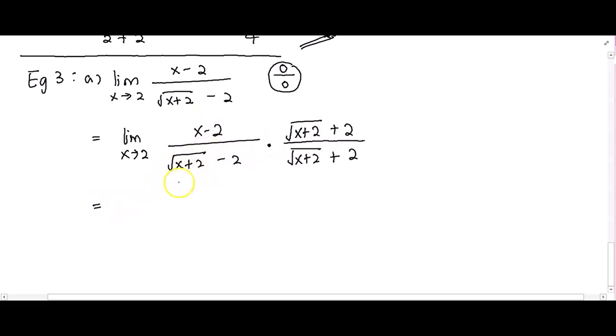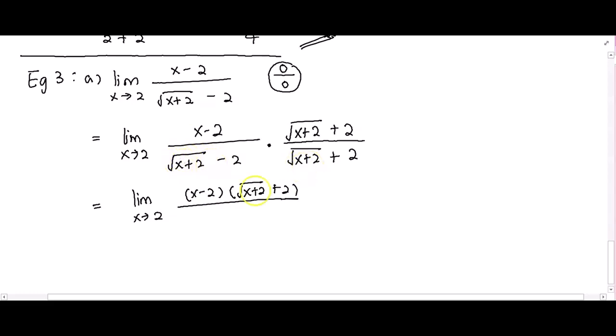Then what we need to do now is expand the conjugate only. The numerator just remains as x minus 2 multiplied by square root of x plus 2, plus 2. We are not going to expand the numerator, just the denominator.